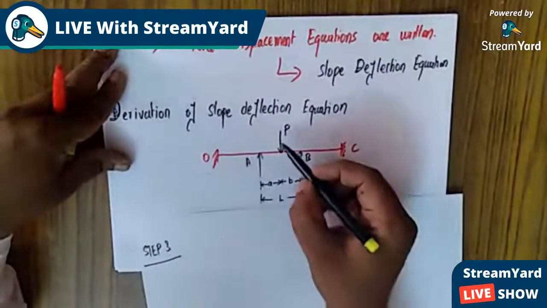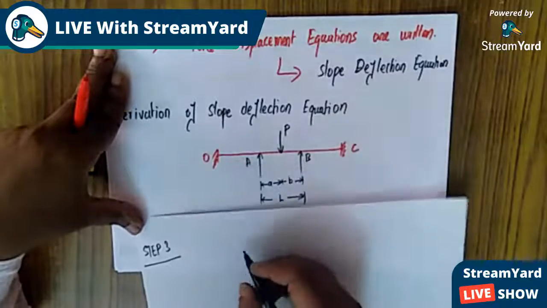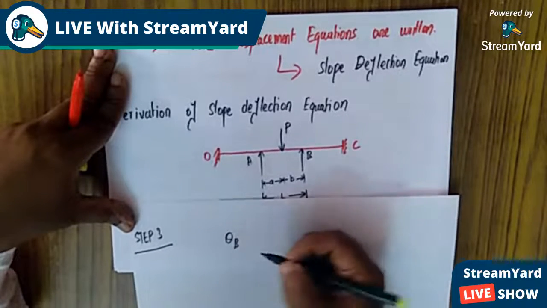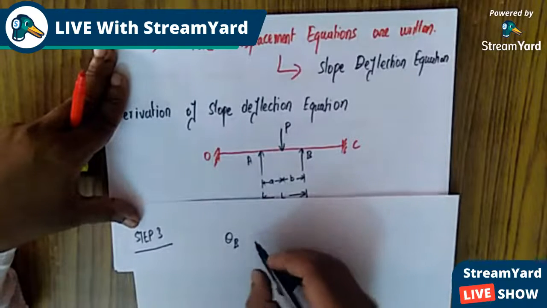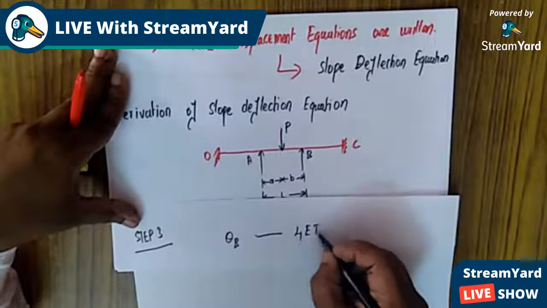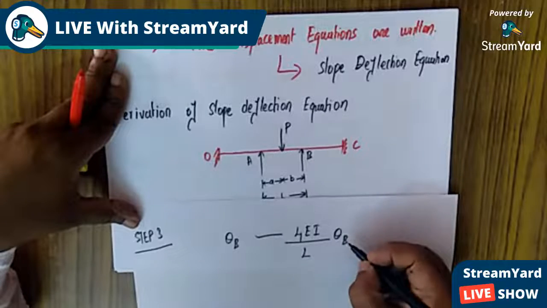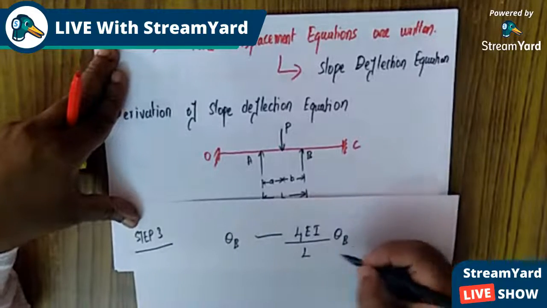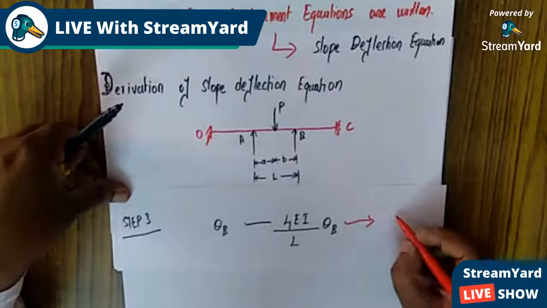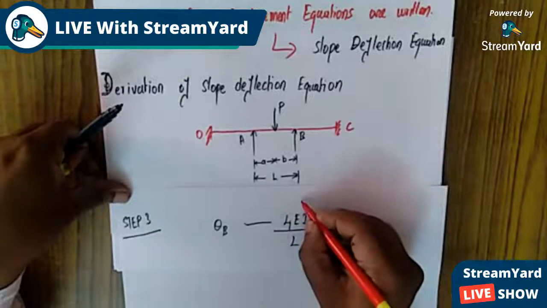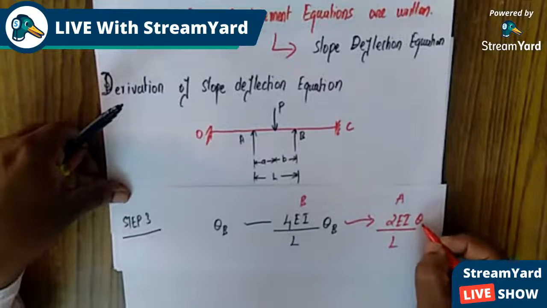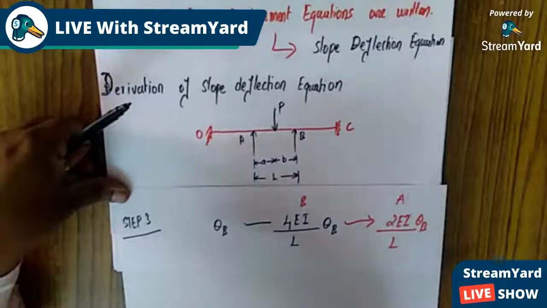So similarly, due to the loading effect in the span AB, there will be rotation at joint B. Let that rotation be theta B, and because of this rotation a moment is developed at joint B, equal to 4EI/L multiplied by theta B, and due to this developed moment at B, there will be a carryover moment induced at joint A. The magnitude will be 2EI/L multiplied by theta B. So this step 3 is more similar to step 2.